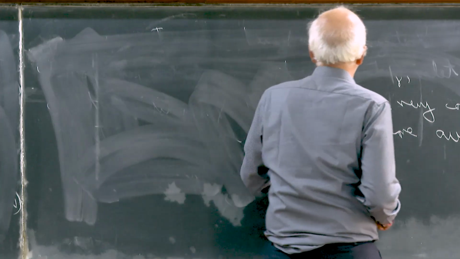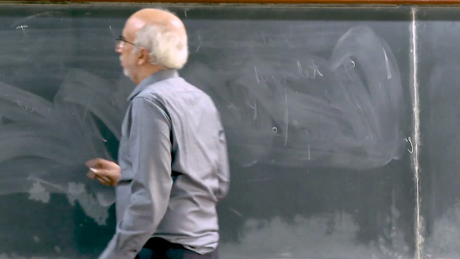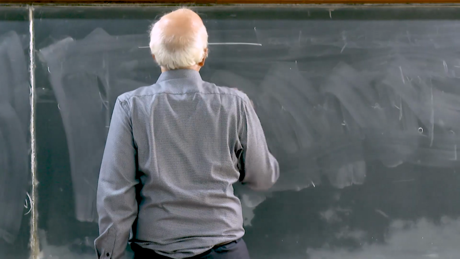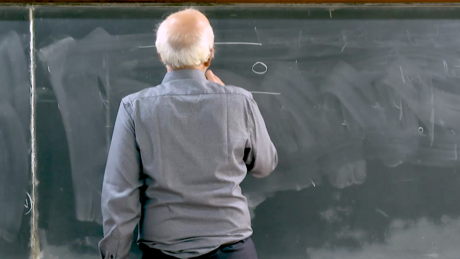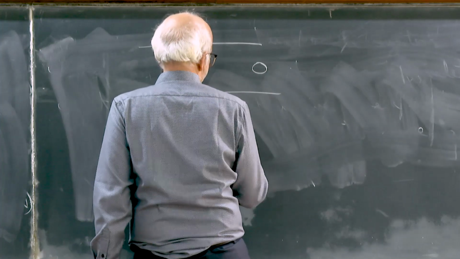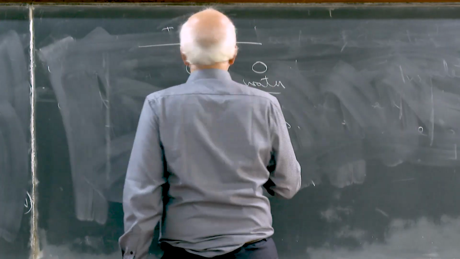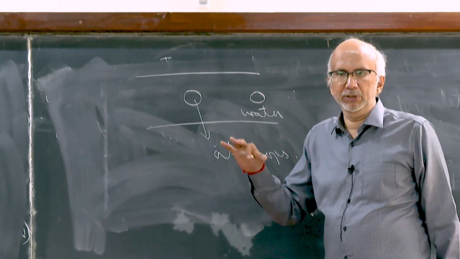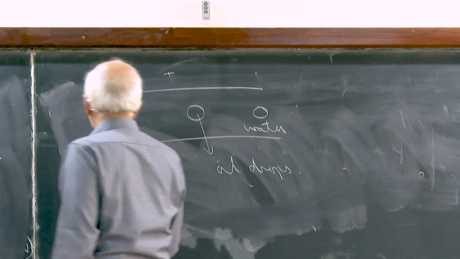Now, is it possible to have other flow patterns? I may have oil, this could be oil drops, and this could be water. Water is my continuous phase and oil drops are present. Or can I have the other way?